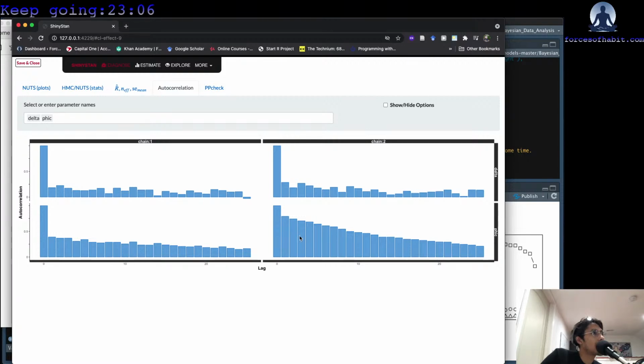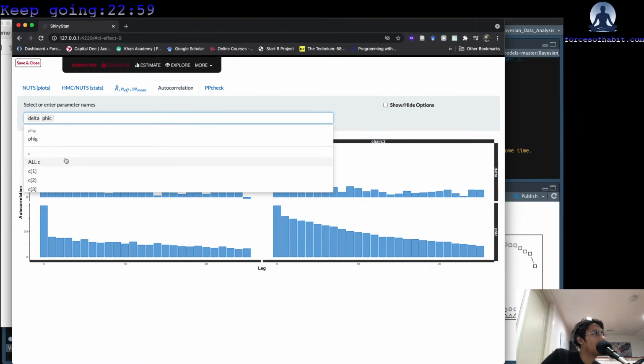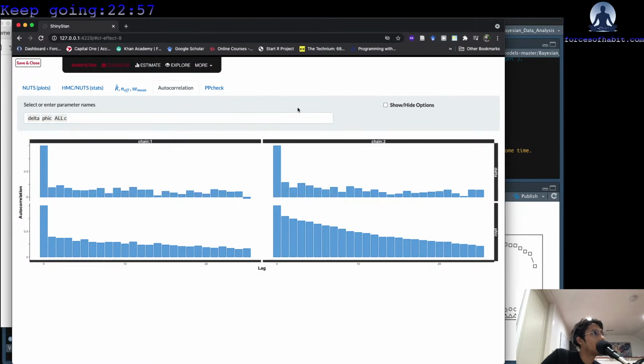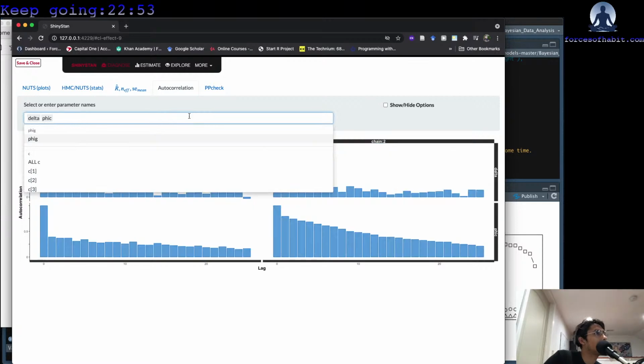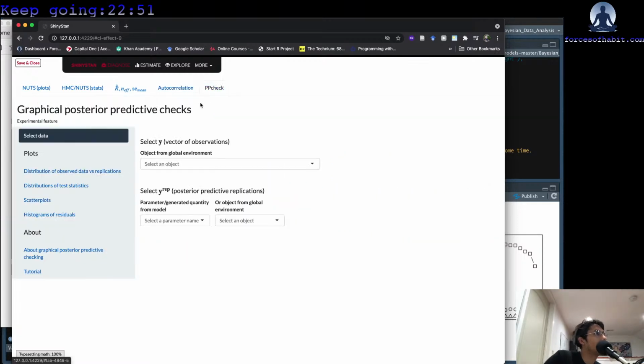So it looks highly autocorrelated in the second sample. There's some autocorrelation issues. Can we look at all the C's? Oh, don't want to look at all the C's. Posterior predictive checks.